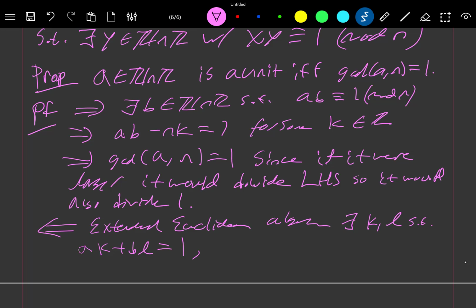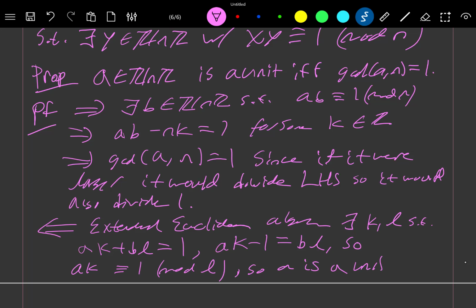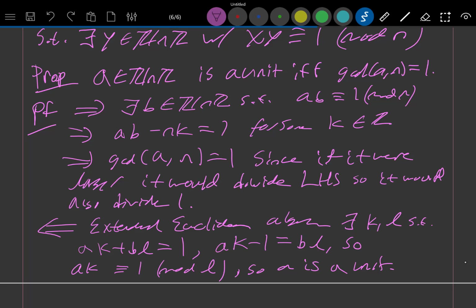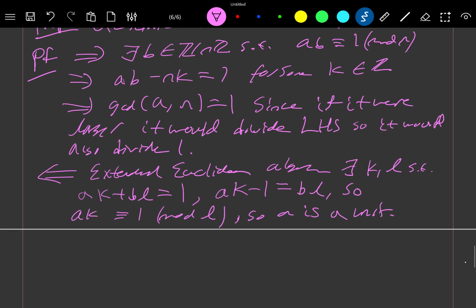Namely, ak minus 1 is a multiple of n, so a times k is equivalent to 1 modulo n. So a is a unit. So we've just shown that we're a unit in Z mod nZ if and only if the GCD of a and n is 1.